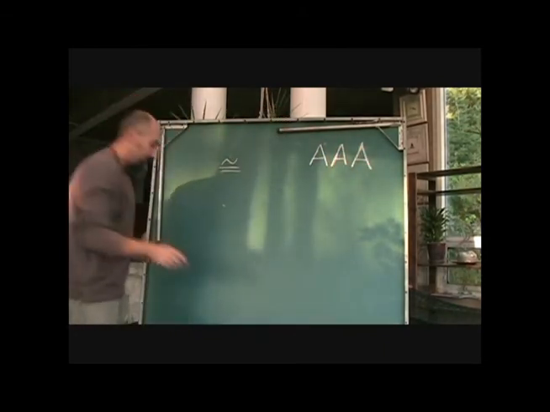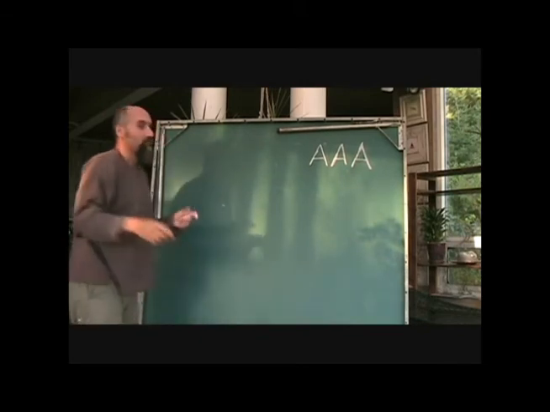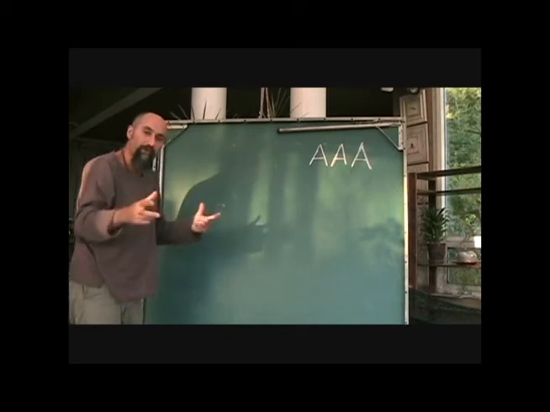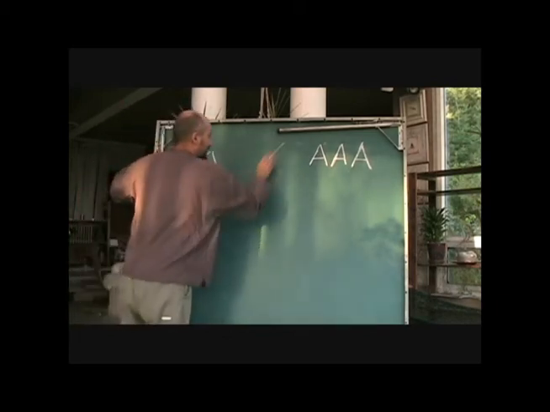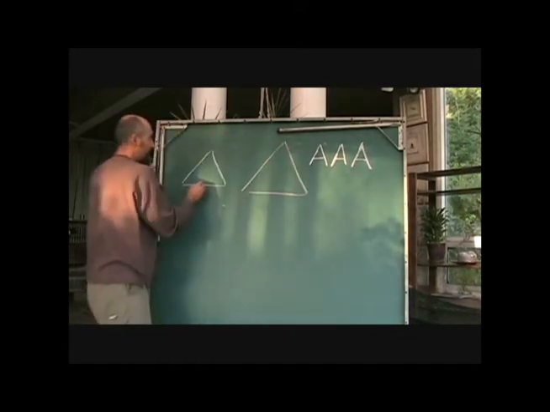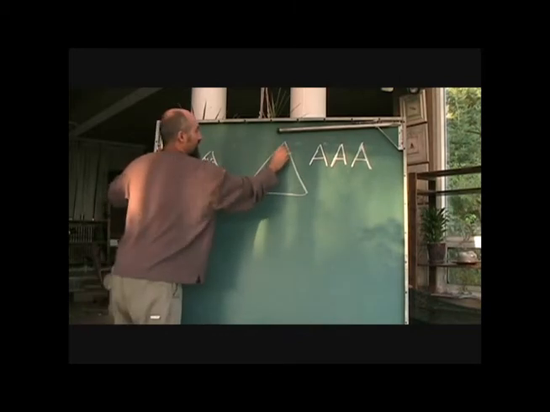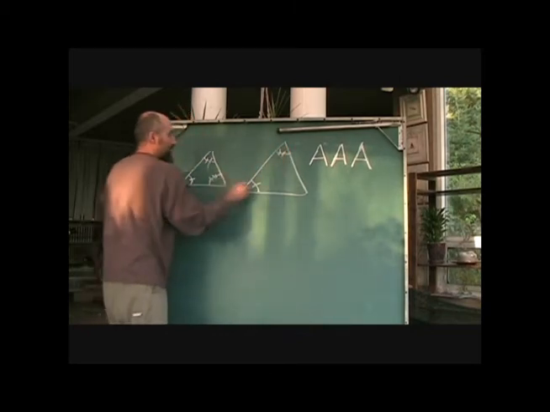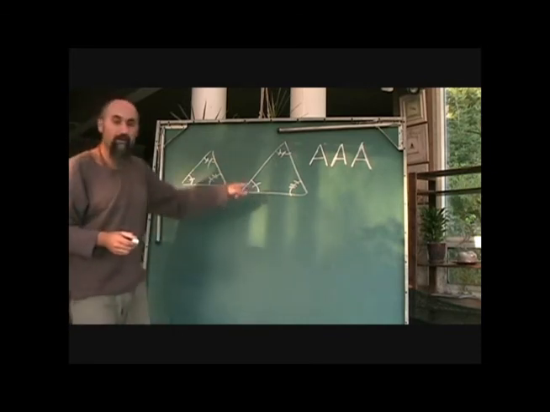This would mean that the two triangles are replicas of each other, but one is bigger than the other one. So for example, if you had this triangle and this triangle, and they said this angle equals this angle, and that angle equals that angle, then you would say these two triangles are similar.